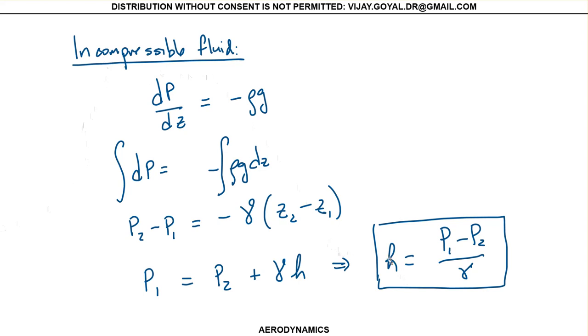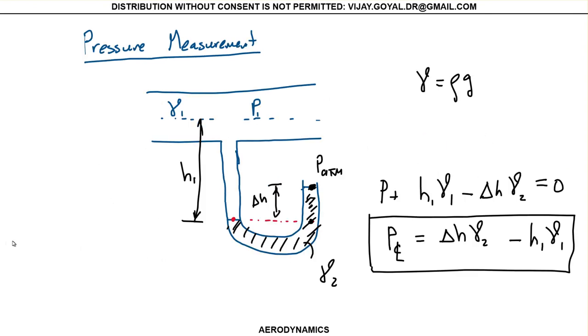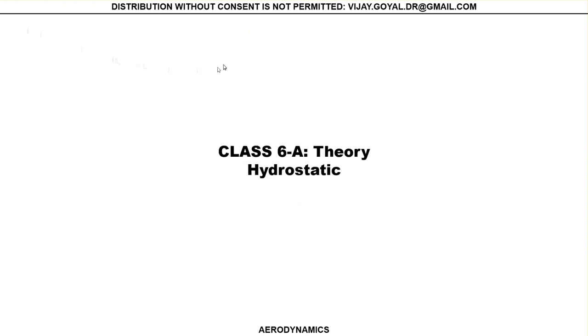For incompressible, h is equal to delta P over gamma. For compressible fluid, as we did in class, we used this equation and were able to show that for standard atmosphere we get the same properties that we got previously. And then I told you how the instrumentation kind of works. And this concludes this lecture on hydrostatic pressure.